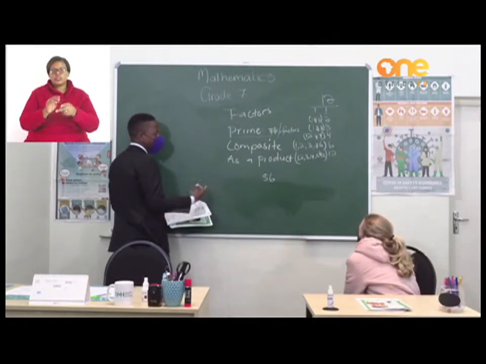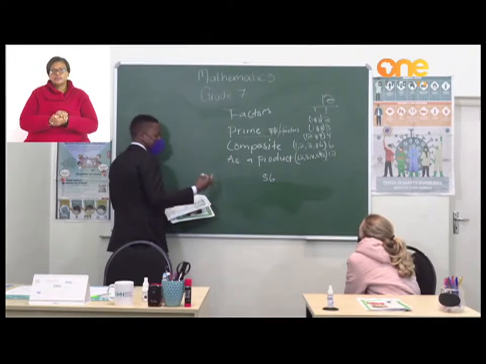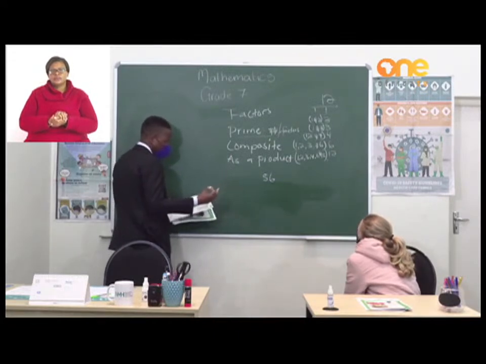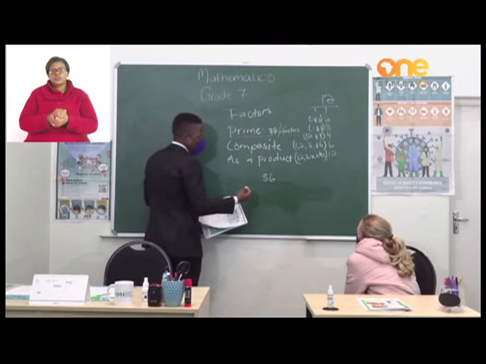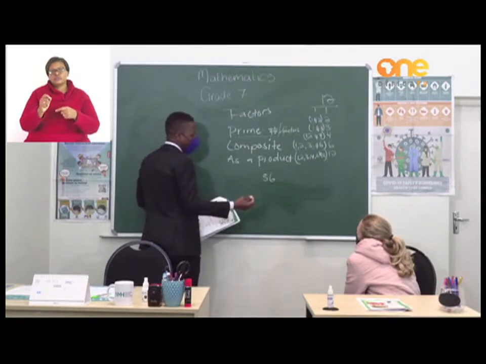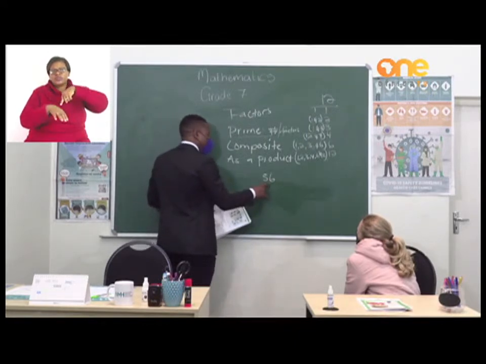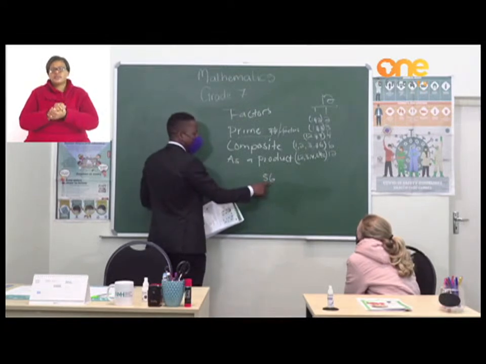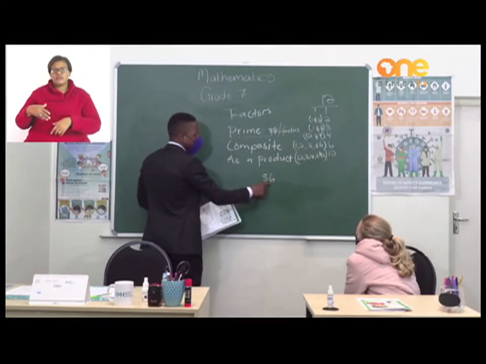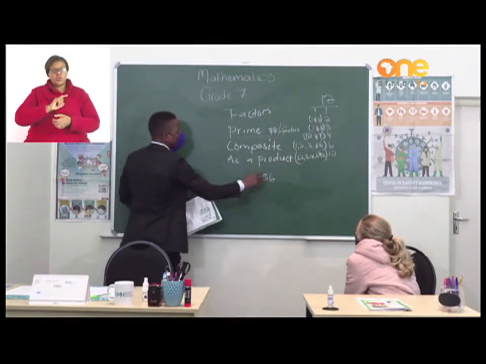We have two methods. One method is called a factor tree, which you need to understand in this way. Our starting point is 56, and then you have to halve 56. Why do we have to halve?